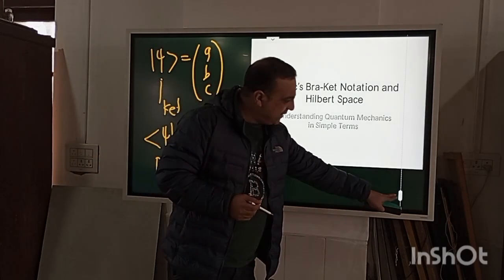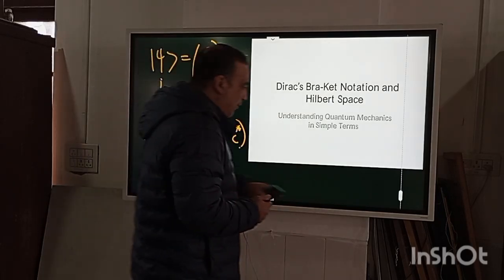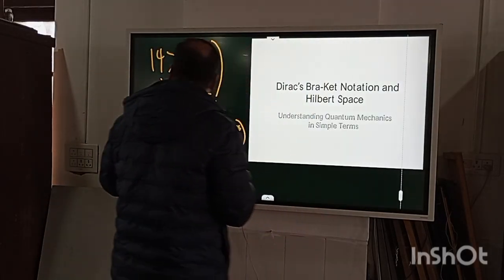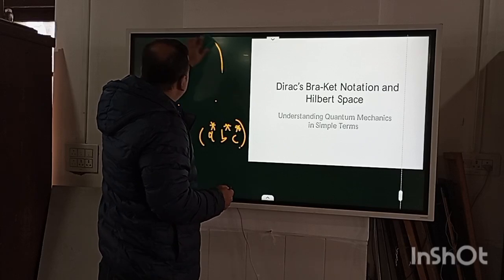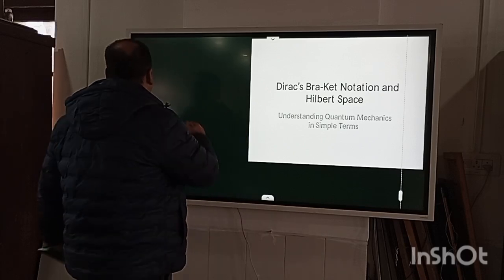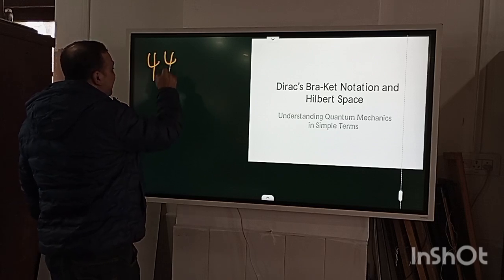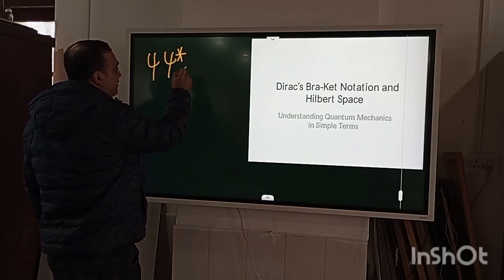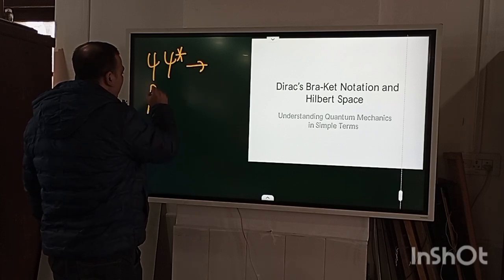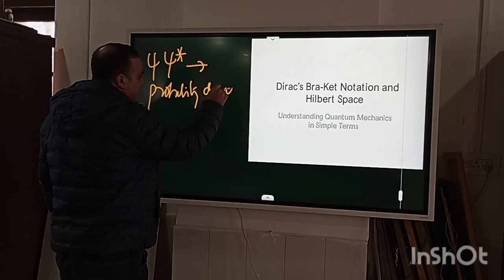Now I would like to note that in conventional quantum mechanics we have the wave function and the product of that wave function. Suppose I have a wave function psi and I multiply it with psi star, it leads to what is called the probability density.